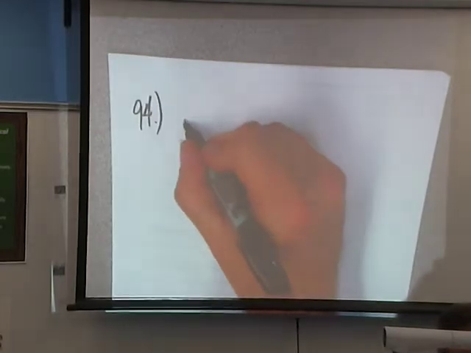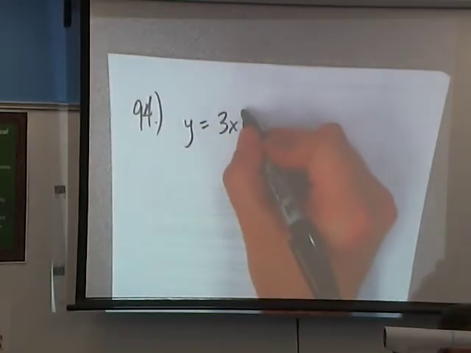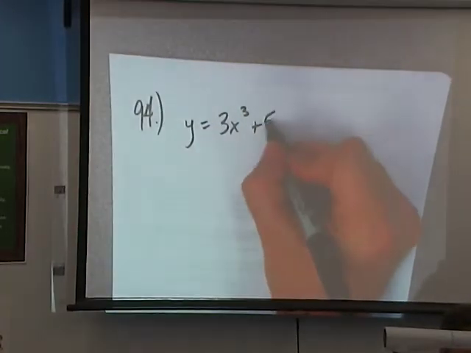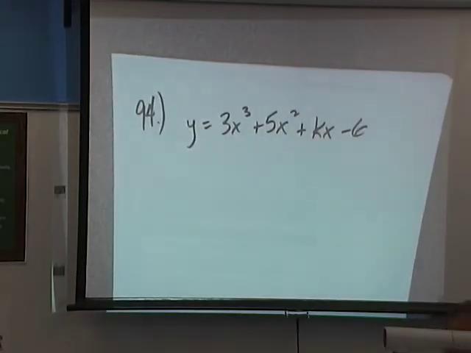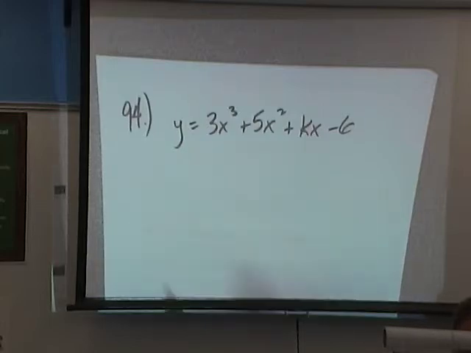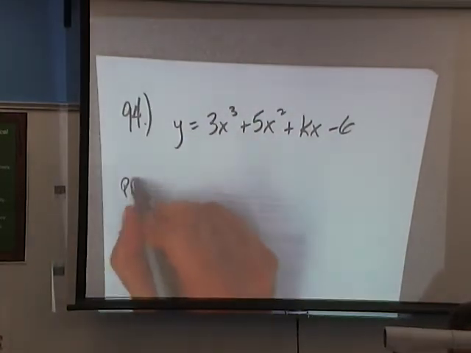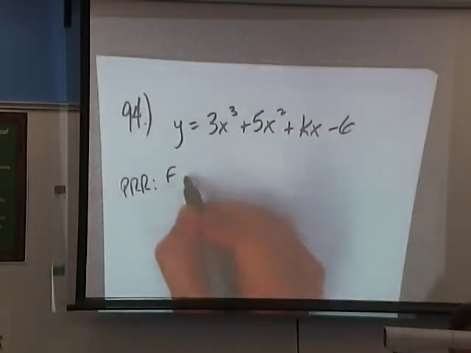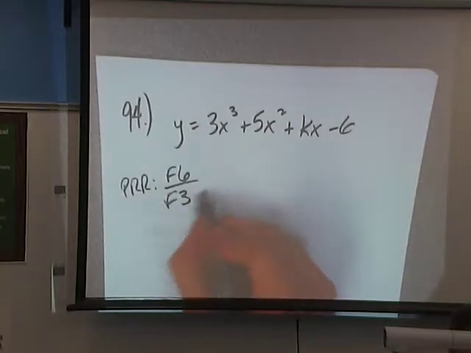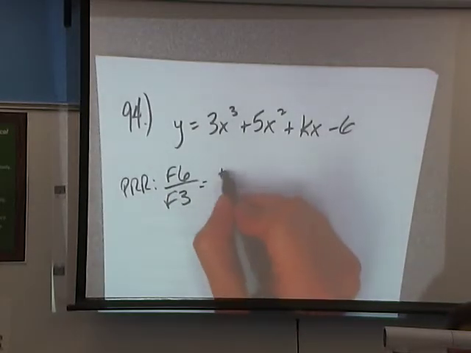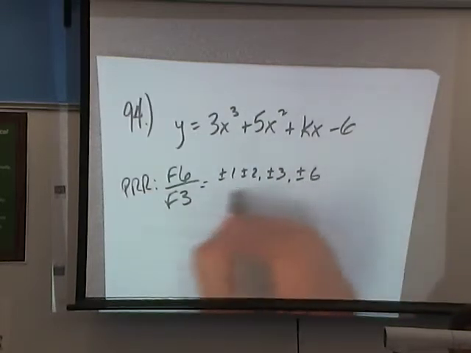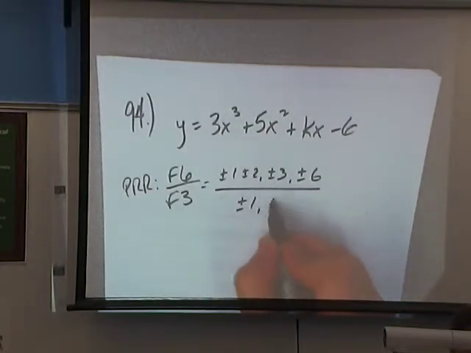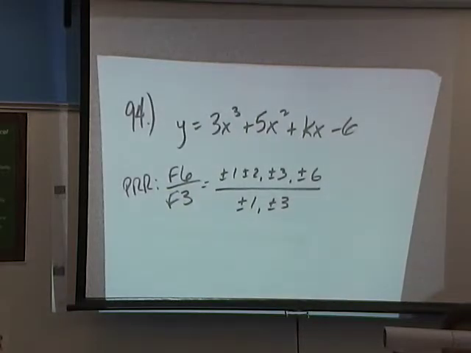List possible rational roots. y equals 3x cubed plus 5x squared plus kx minus 6. So we just need the factors of 6 over the factors of 3. So that's plus or minus 1, plus or minus 2, plus or minus 3, and plus or minus 6, all over 1, plus or minus 3.